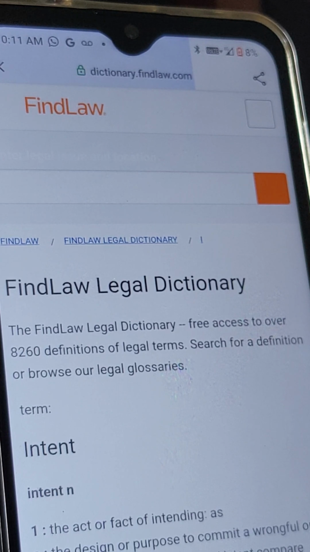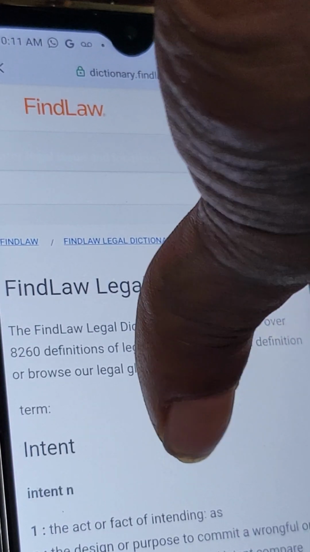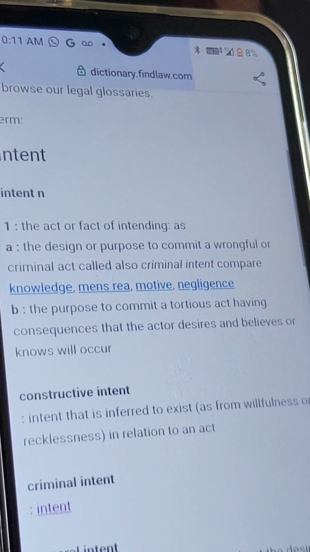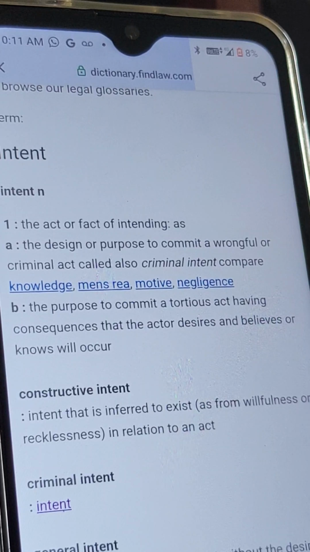Compare knowledge, mens rea, motive, negligence. I don't want to hear that. Constructive intent: intent that is inferred to exist from willfulness or recklessness.